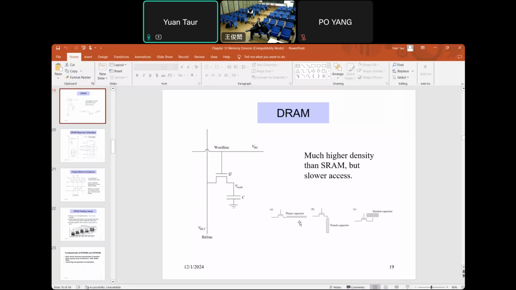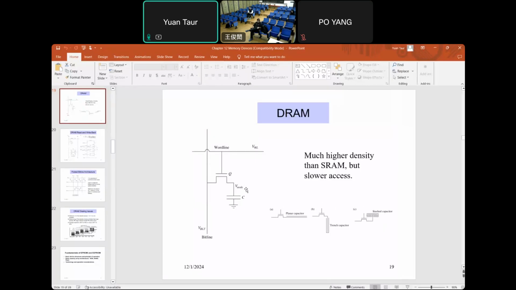Before that, in early days, it's planar, too much area once you scale the DRAM smaller and smaller. And then there's also deep trench for a couple of generations. But now all the DRAM are stacked in order to minimize the cell size.